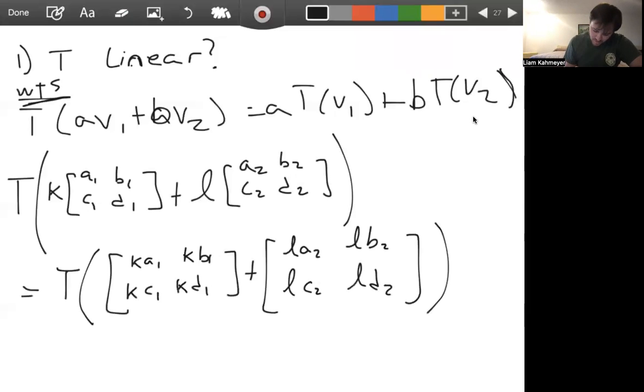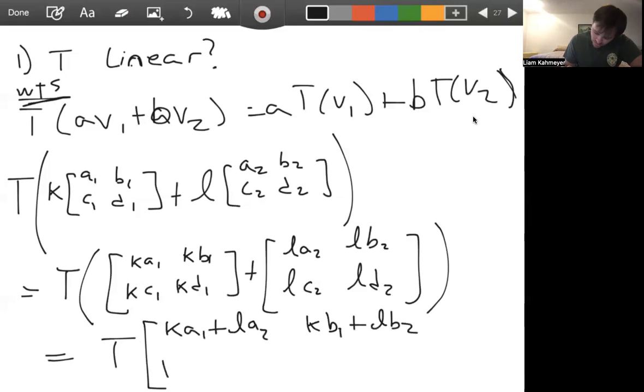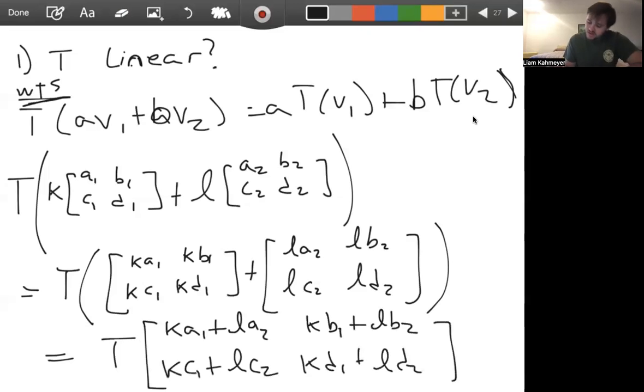This is equal to T of, and we can also do matrix addition in the domain, so now it'll just be one matrix: K A1 plus L A2, K B1 plus L B2, K C1 plus L C2, and then K D1 plus L D2.